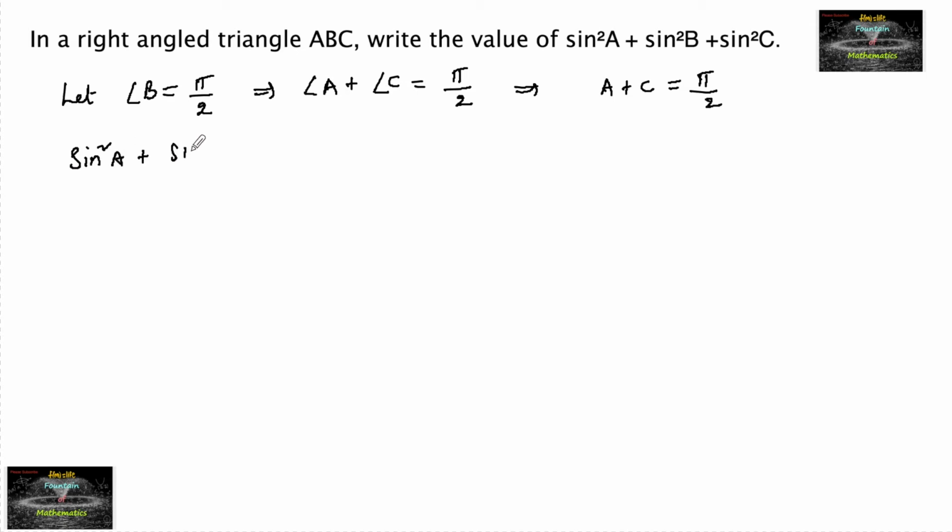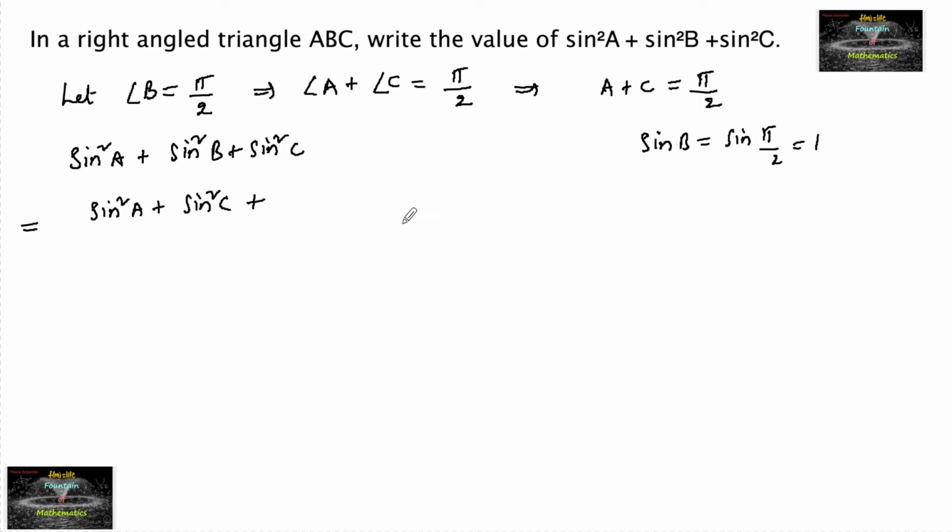Now sin square A plus sin square B plus sin square C is equal to sin square A plus sin square C plus sin square B, and we know that sin B is nothing but sin pi by 2, which is equal to 1, so sin square B is 1.